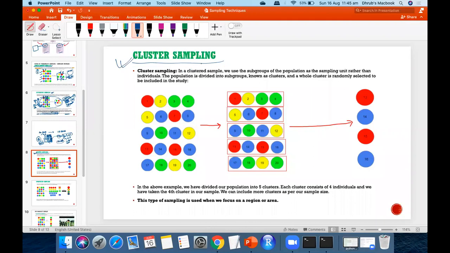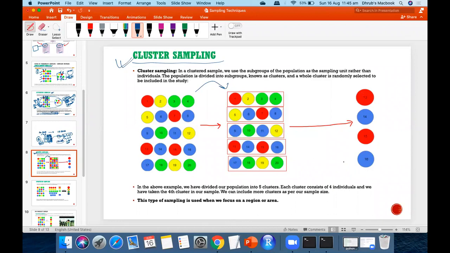In cluster sampling, we divide the population into different clusters. See, this population is 1 2 3 4 5, and now let's say I have to draw 4 data points.